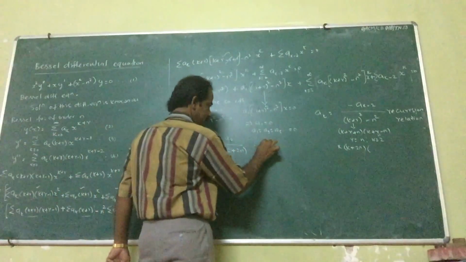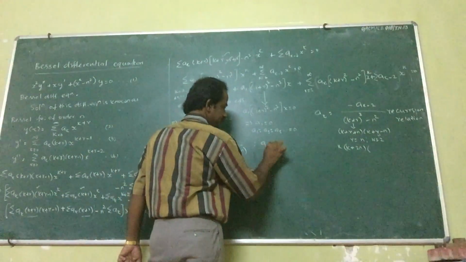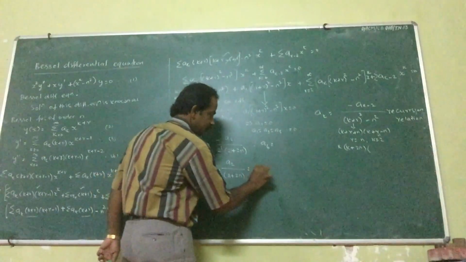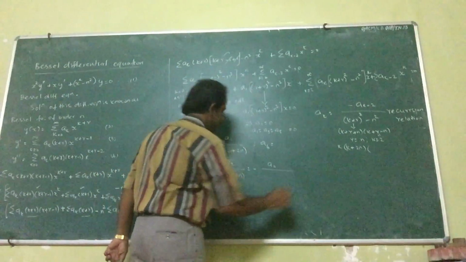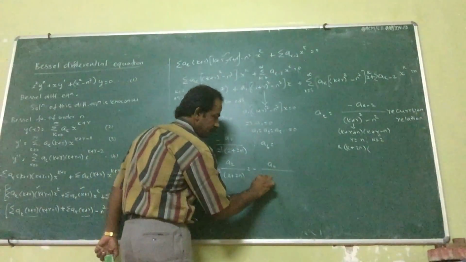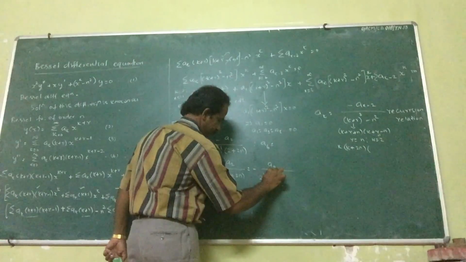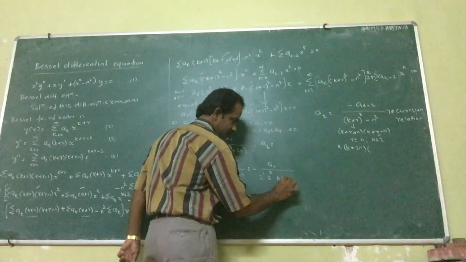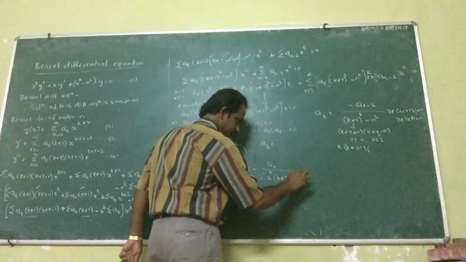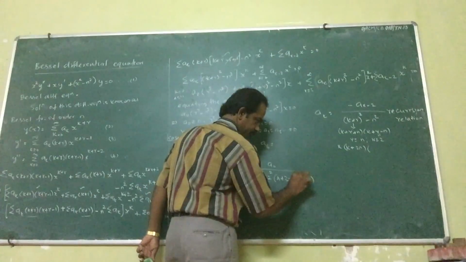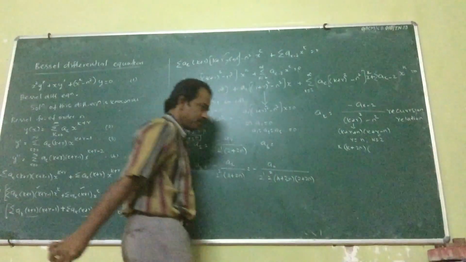Similarly, a_6 will be, and this can be simplified as a_0 divided by, if you substitute for a_2, it becomes 2 to the power 1, 2 square, (4 plus 2n)(2 plus 2n).